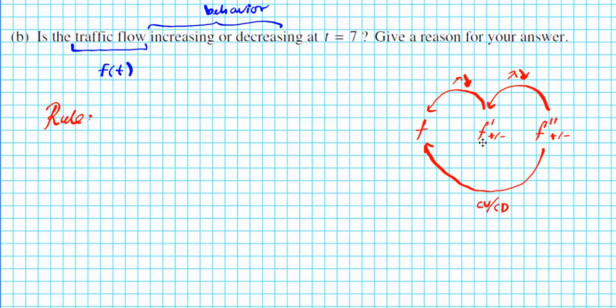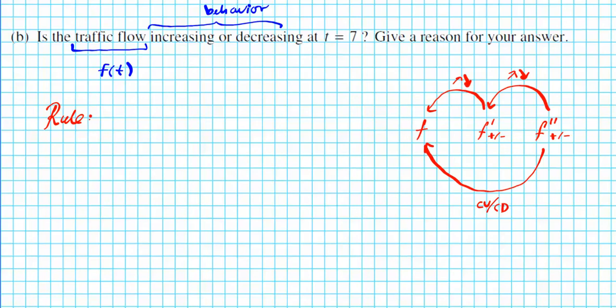This basically gives us a visual connection between the sign of the derivative of a function and the behavior of the function. So we were talking about what determines if the function is increasing or decreasing. If the derivative is positive, the function is increasing. And if the derivative of a function is negative, that means the function is decreasing.